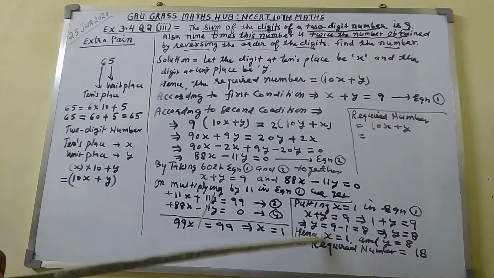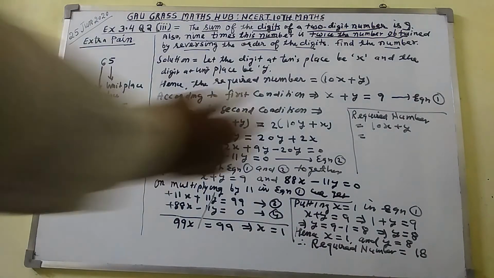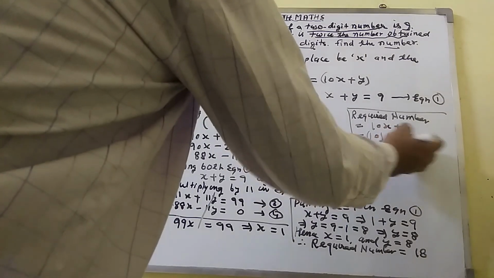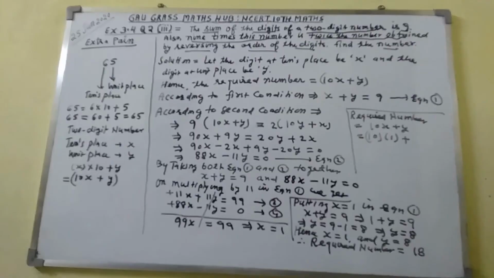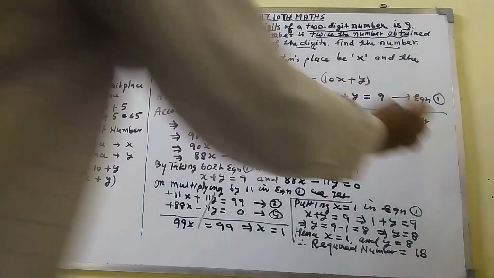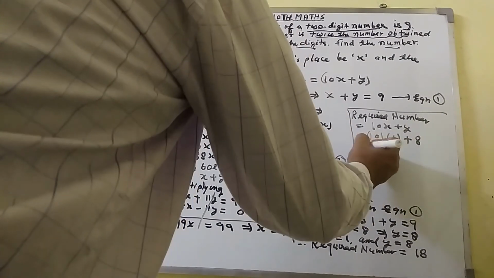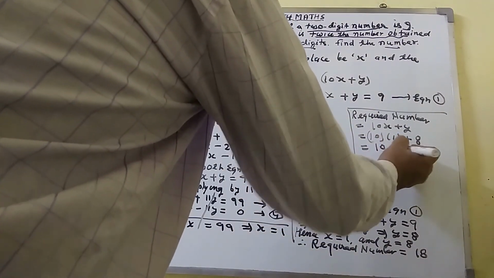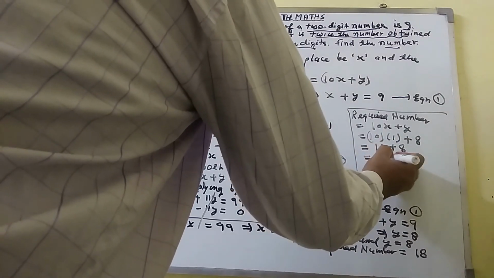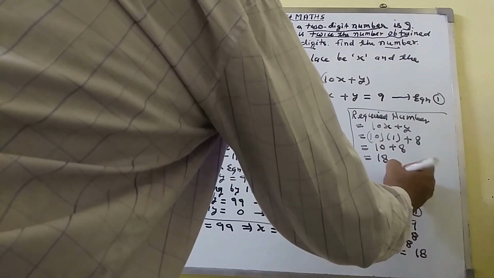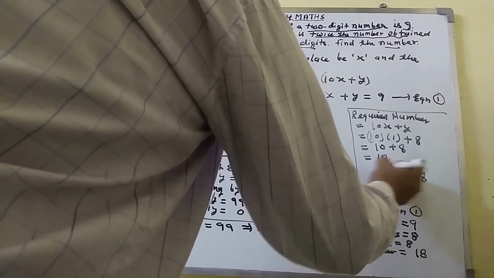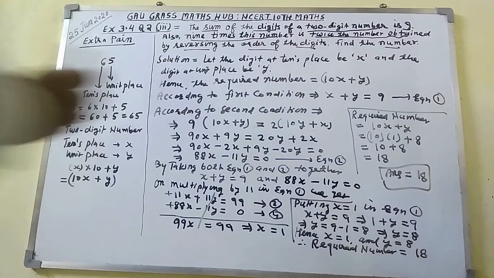Here you have got value of x equal to 1. Put here equal to 1. This will become 10. After that, the value of y is 8. Here 8 will be added. This comes out to be 10 plus 8 comes out to 18. The answer will be 18. Okay guys, thanks.